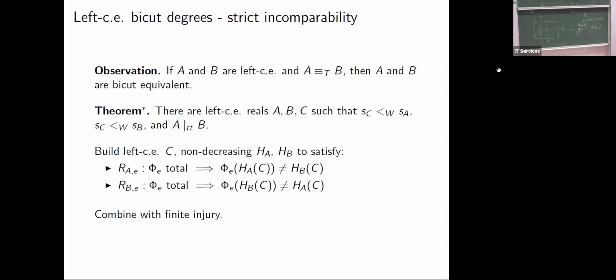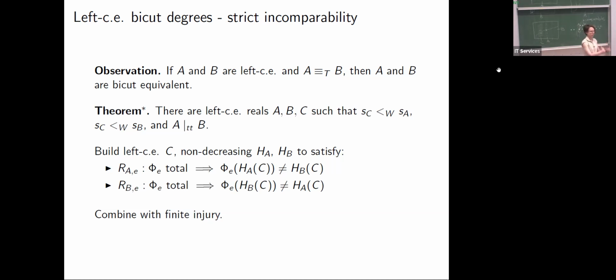All right, this is a finite injury argument, but basically the way you do it is to say we're going to build C to be Left-c.e., and then we'll build two functions, HA and HB. They're going to be increasing functions, so they're going to be these kinds of reductions.